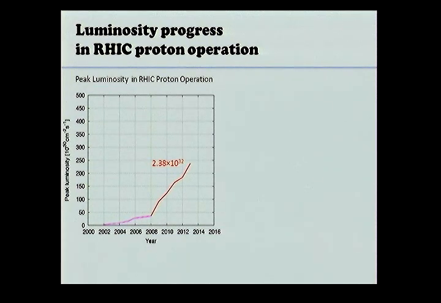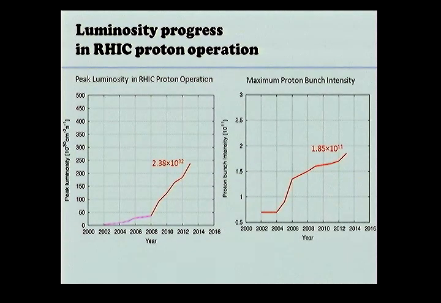In the 2013 proton operation, we achieved a peak luminosity in RHIC of 2.38 × 10^32. The increase in the luminosity is accompanied with the proton bunch intensity.